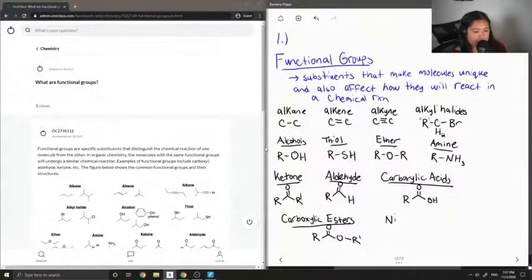And you can have a nitrile. This is when we have a carbon that's triple bonded to a nitrogen. And then lastly, you can have a carboxylic amide.